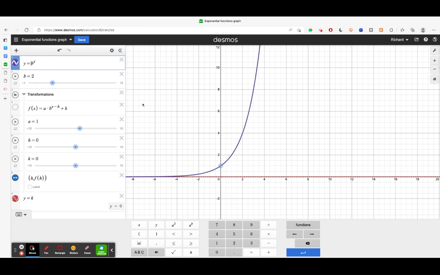If you've got b to the power of negative x, then it's going to reflect this way, which means that a growth graph is going to turn into a decay graph, and a decay graph is going to turn into a growth graph. If you think about a to the power of negative n, what that means, that'll make sense to you. But again, I'm not spending much time on it at all, so I can move on.